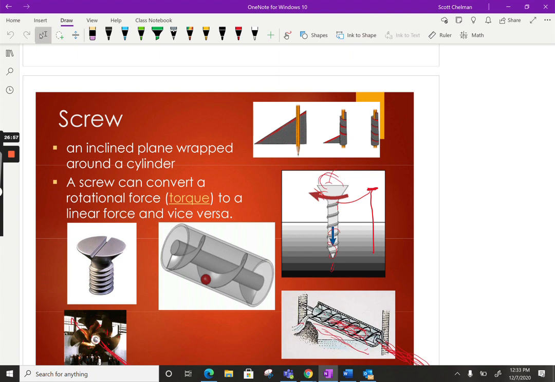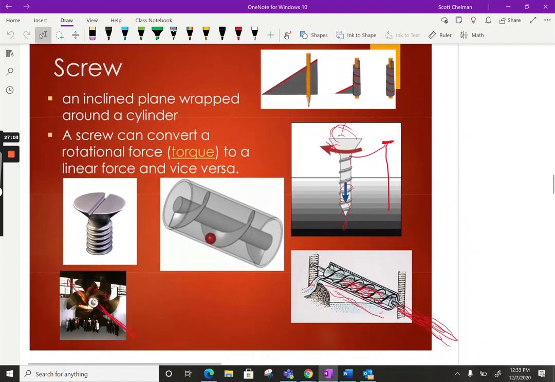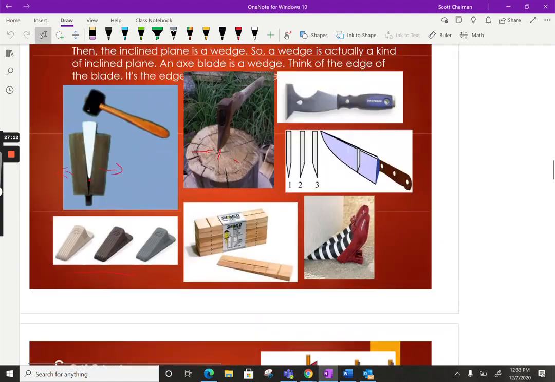But they were all based on these simple machines and these simple ideas, right? So we talked about the screw and how the screw is kind of like an inclined plane, right? So now, how does an inclined plane help us?